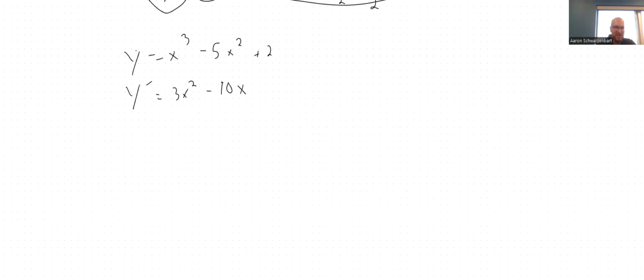The second derivative we can notate like this. This is a little funky. This is the dy dx notation. It's d squared y over dx squared.